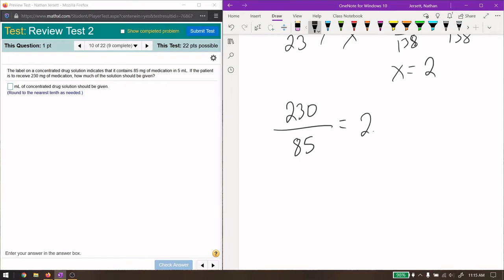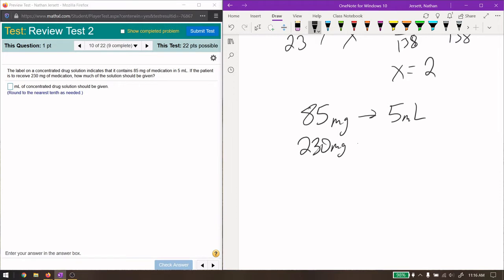That gives us 2.7. This might actually be better to leave it as a fraction because we're going to end up multiplying this again. Let me do it this way. Let me put it as a proportion. So if 85 milligrams go to 5 milliliters, then 230 milligrams go to x milliliters.